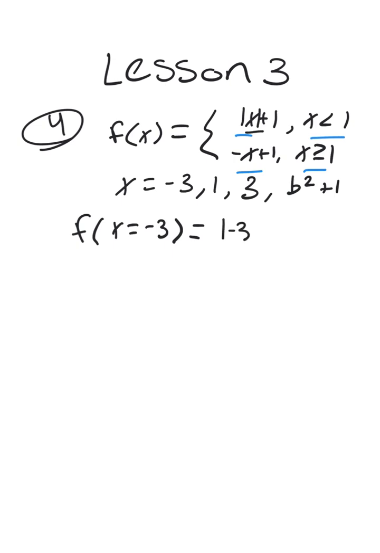So we get the absolute value of negative 3 plus 1, which we know is 3, because negative 3 is 3 points away from 0, plus 1 equals 4. So that's number 1 done.